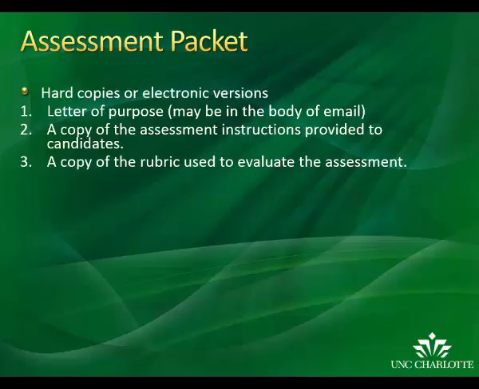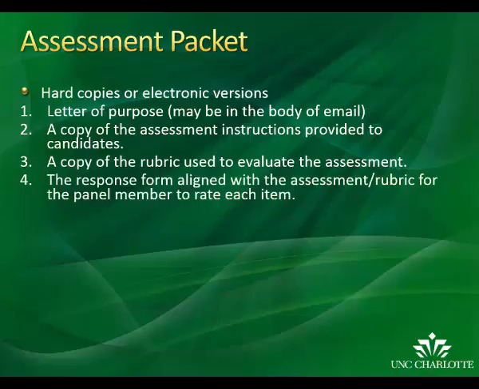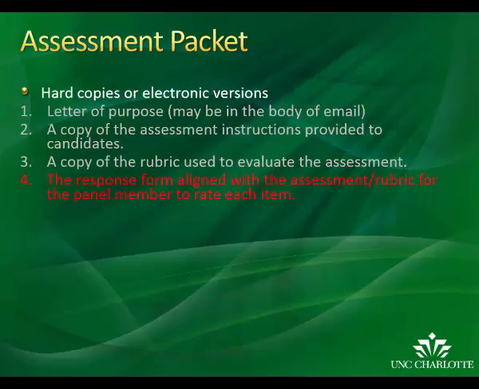They are not evaluating all the pieces of the rubric, remember, just the key constructs and the items, but we are including a copy of the rubric for their informational purposes. And then finally, 4. A copy of the response form aligned with the assessment and rubric for each panel member to rate the items. While the first 3 items are primarily informative, the last item, the response form that you've already created, is where they will record their responses.